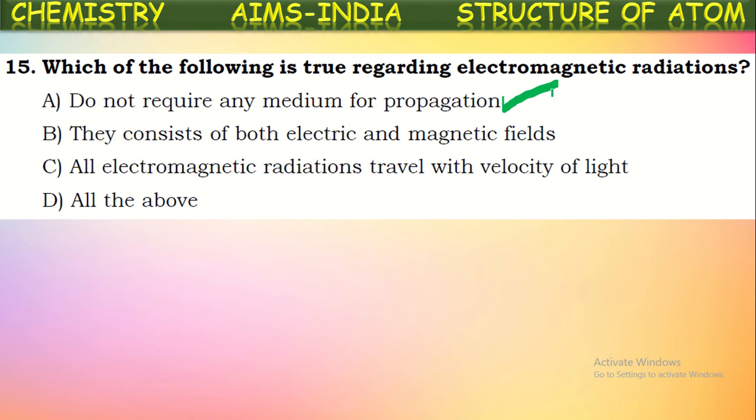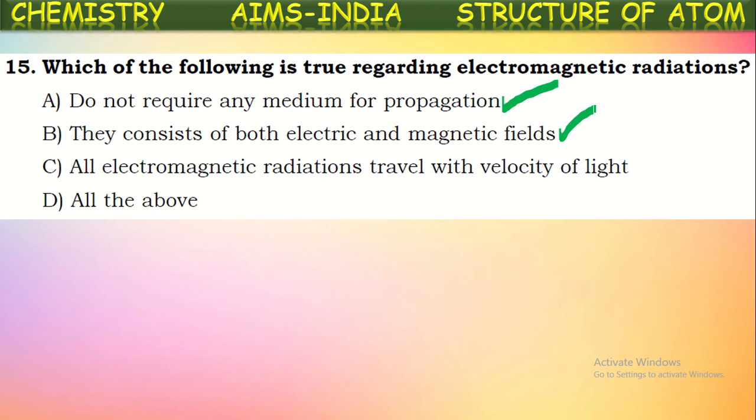Yes, because they are produced by charged particles revolving with high speed. As they are produced from charged particles, they possess both electric and magnetic fields. This is also correct. Next statement: all electromagnetic radiations travel with the velocity of light.